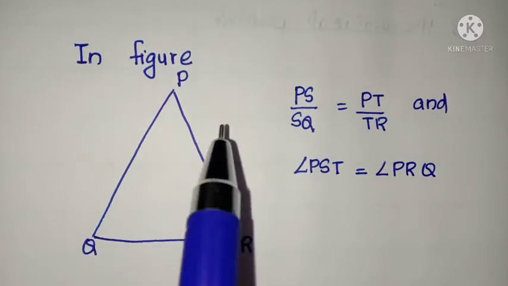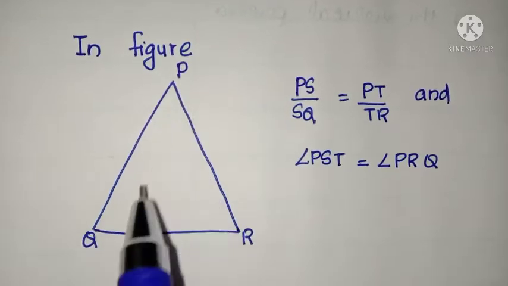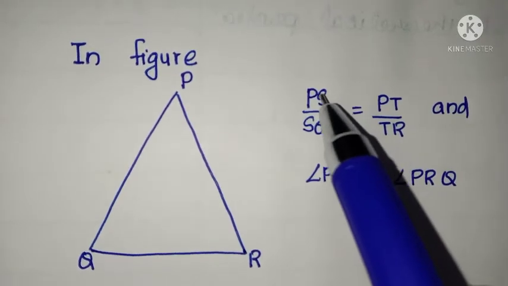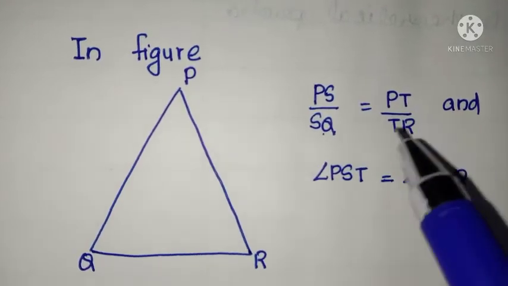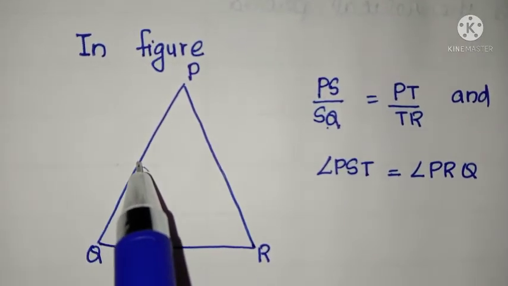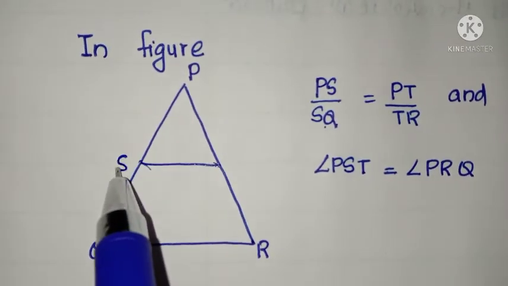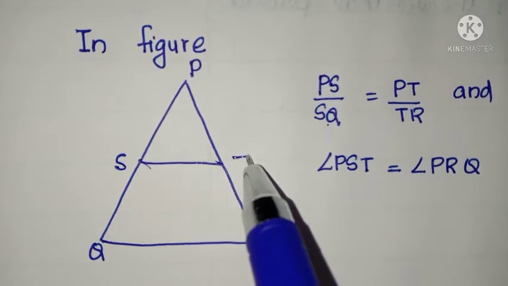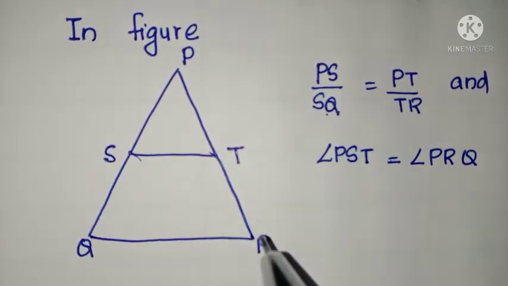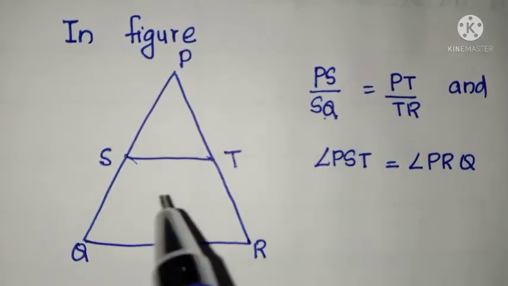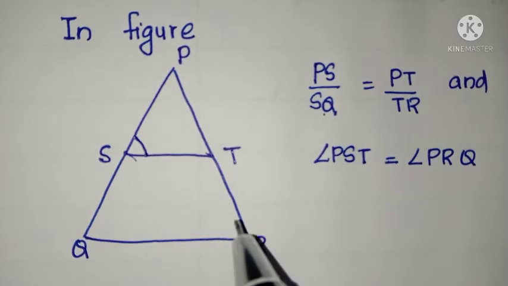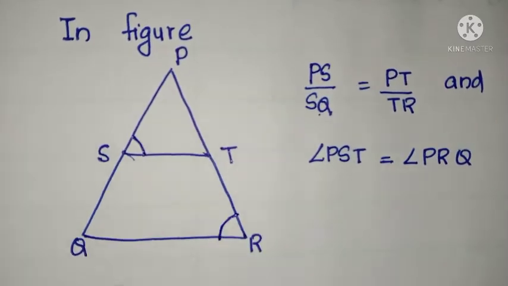Let's see this example. Listen, we have a triangle PQR and it is given that PS by SQ is equal to PT by TR. So the figure is given. The points S and T are such that PS by SQ is equal to PT by TR and angle PST is equal to angle PRQ.